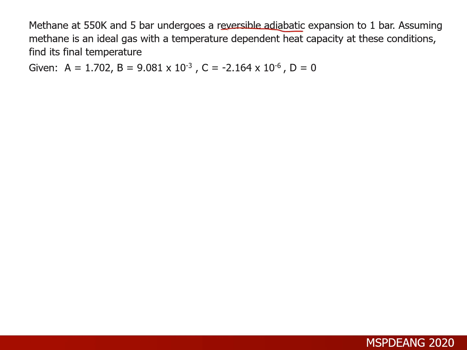And for a reversible adiabatic process, this is also an isentropic process. Okay. So since the process is reversible and adiabatic, it's isentropic, thus delta S of the process is equal to 0. Okay. Adiabatic siya, so wala tayong entropy change ng surroundings. So entropy change ngayon ng system is also equal to 0.